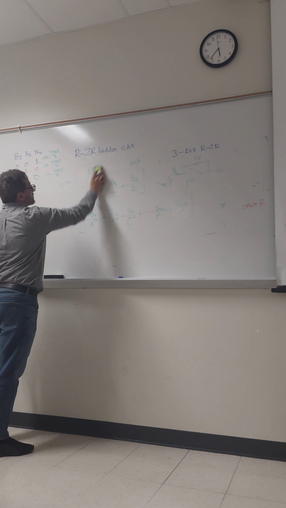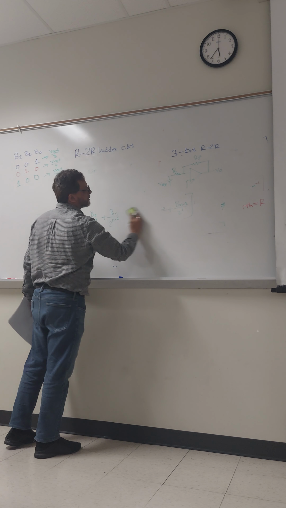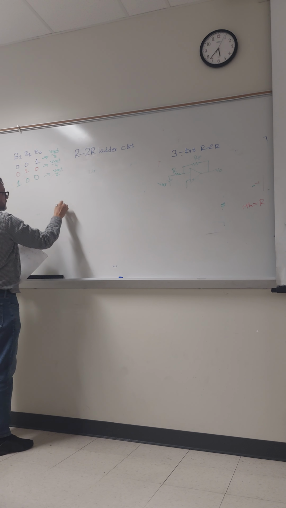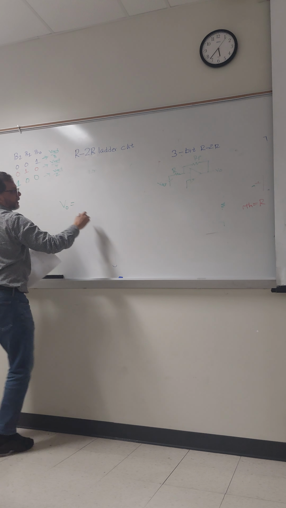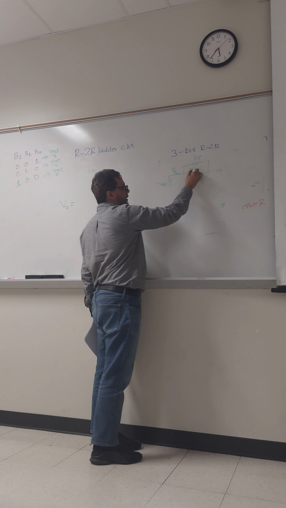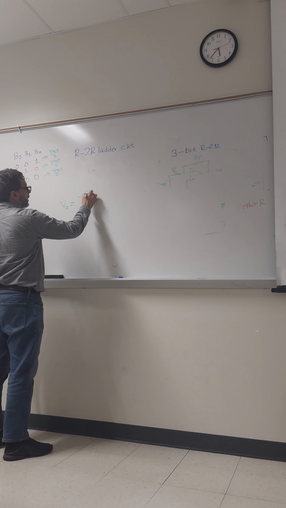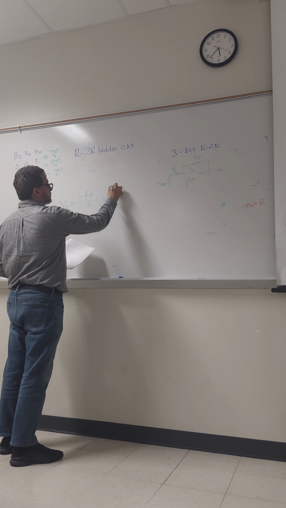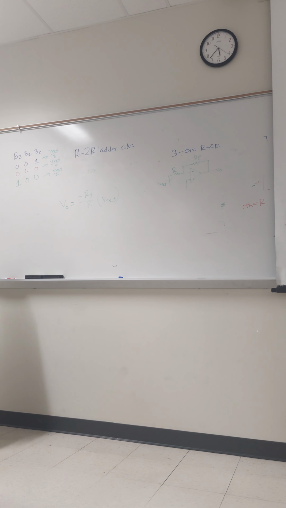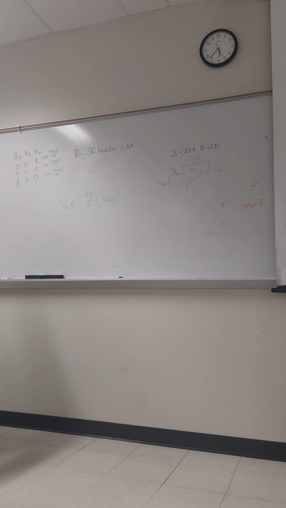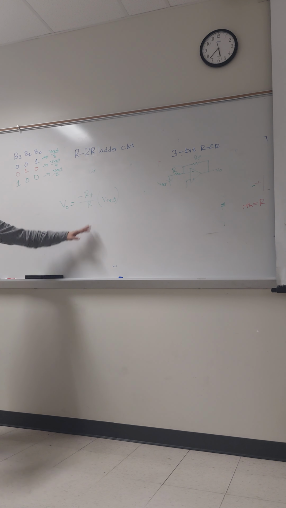The output voltage V naught is equal to, as we are giving to the inverting terminal, minus RF over R, this is the gain, times here the reference. Right? This is the gain, RF over R. So it will be your output voltage.